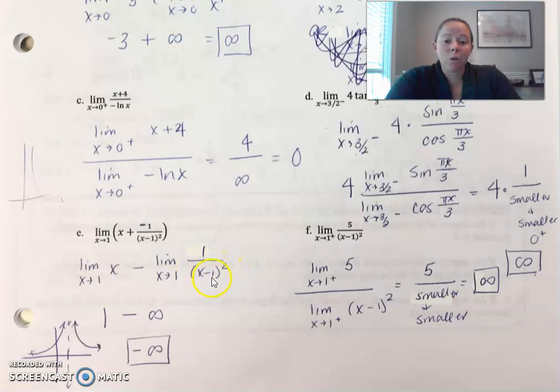So I'm getting smaller and smaller numbers in here, and I'm squaring them, turning them all positive, which is perfect. So if I have positives that are getting smaller and smaller, 1 over smaller and smaller numbers is infinity. But be careful, you have that minus sign. So minus infinity then becomes negative infinity.